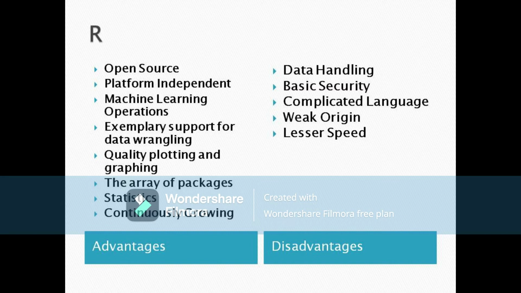Although we have mentioned all the basic advantages we have for R, there are also a few cons or disadvantages in this case. So what are the disadvantages? First one is data handling. Whatever R objects we are creating, they are stored in the physical memory, right? So it uses more memory as compared to other languages which are used in data science, right?